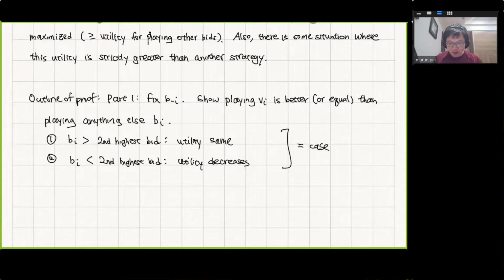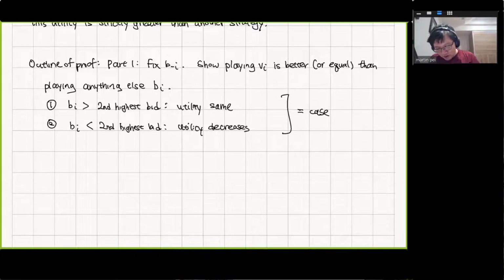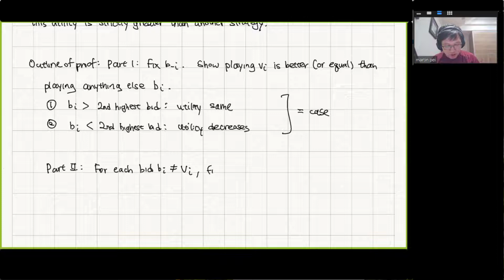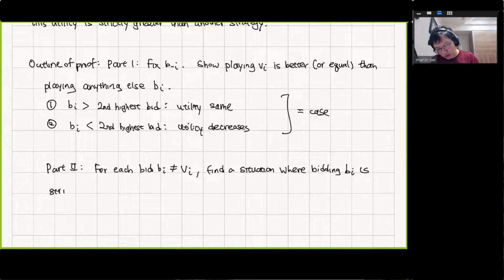All right, so I'll write down the outline here. Part 2: for each bid BI not equal to the valuation, find a situation where bidding BI is strictly worse than bidding VI.